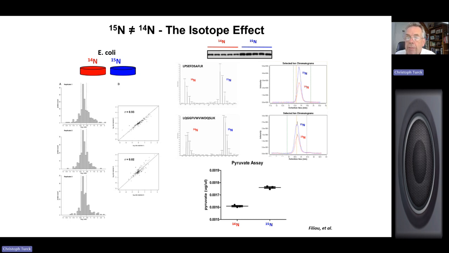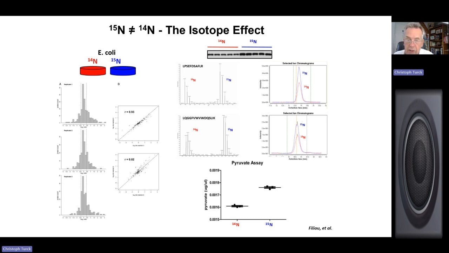One particular enzyme that is affected, which is also validated here in the Western blot, is relevant for the synthesis of pyruvate. So she looked at pyruvate levels between the unlabeled and labeled E. coli, and found pretty significant differences. Short summary: there is an isotope effect. It's not really relevant if you use this material as a reference, but it might be useful for other studies where you can maybe take advantage of it.